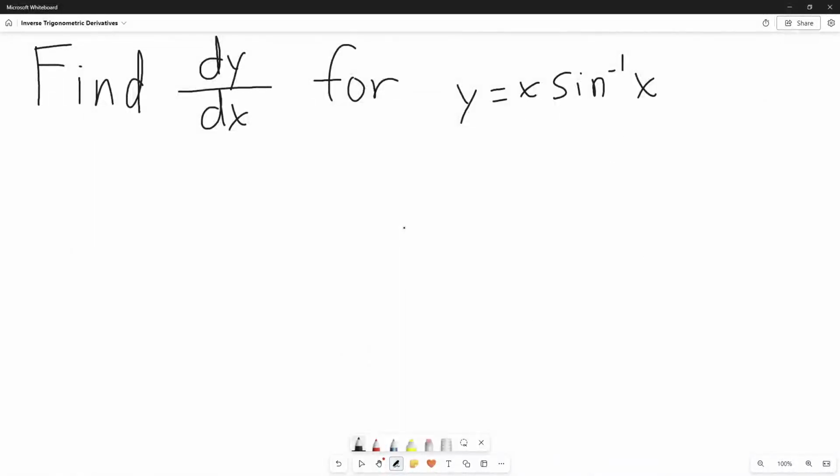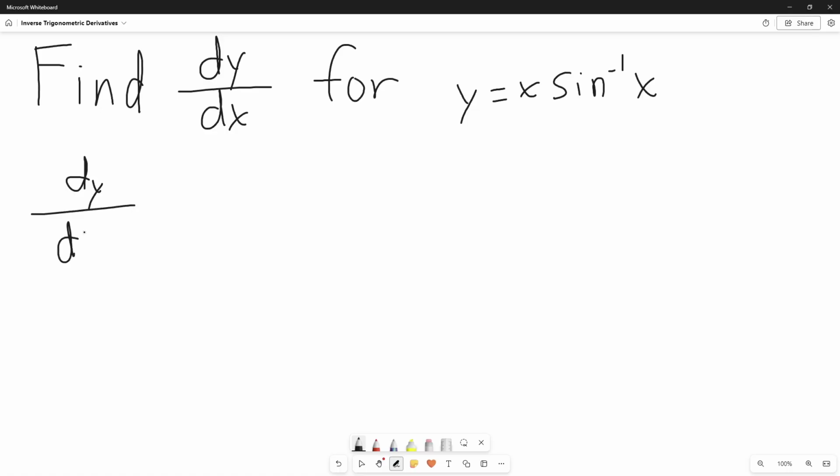So let's do this example problem that says find dy over dx for y equals x times inverse sine of x. Now you should just treat this problem like any other derivative problem, because you know what the derivative of inverse sine of x is, or you have it down somewhere as a formula. So we can use the product rule for this one.